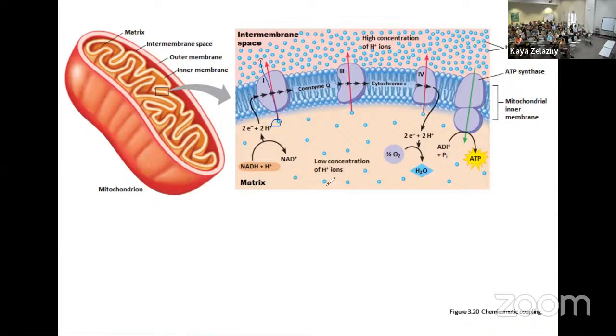The hydrogen ions in this image are the blue dots. So what we're doing is we're building up more and more concentration of hydrogen ions, which are basically just individual protons, in this intermembrane space.